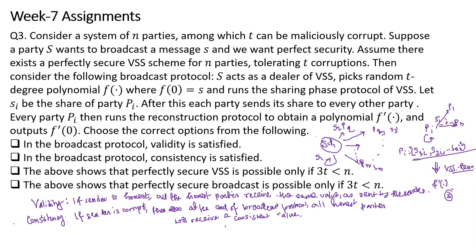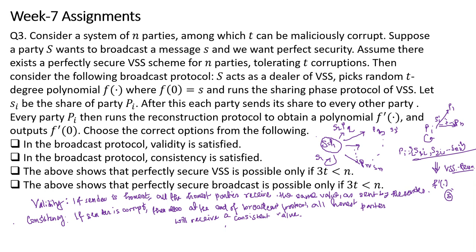But we already know that a reliable broadcast protocol in the Byzantine corruption setting is possible only if n is greater than 3t, right? This is the necessary condition for a perfectly secure reliable broadcast. So by contradiction, since a reliable broadcast protocol cannot exist with n equal to 3t, perfectly secure VSS will also not be possible with n equal to 3t.